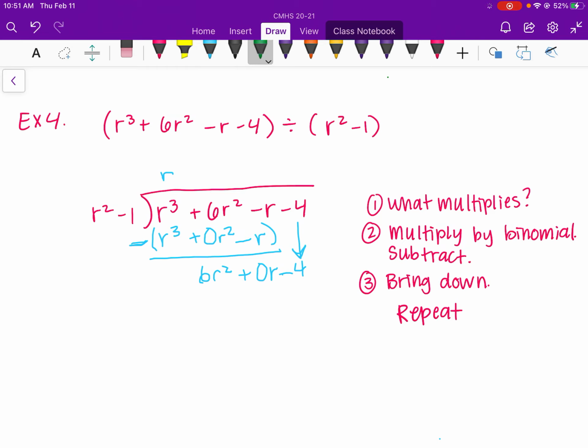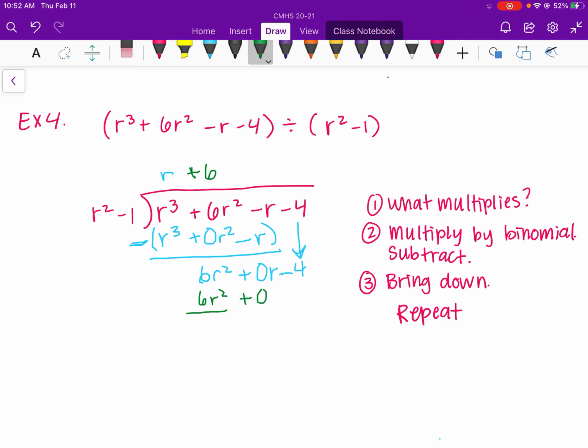Okay, switch to green. Next, do it all over again. What multiplies by r squared to get 6r squared? 6. 6 times r squared is 6r squared. And 6 times negative 1, well, we have another 0 here.